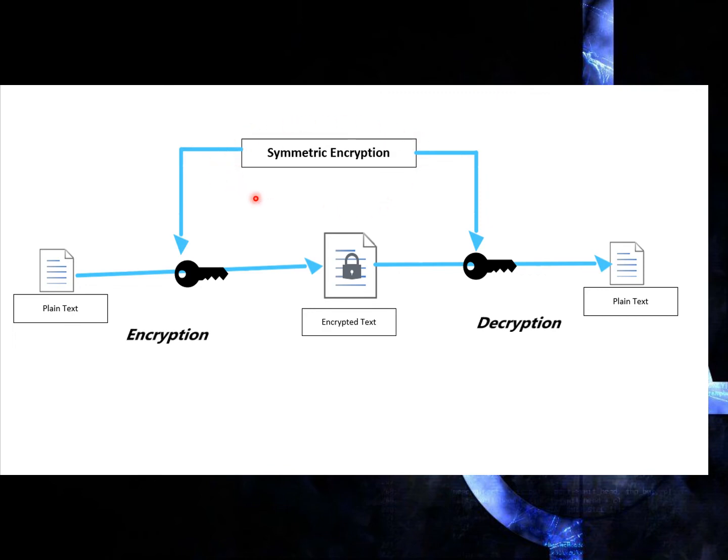Sometimes we use symmetric key, sometimes we use asymmetric key, sometimes we use both. So sharing the key will be a problem, but how do we solve that problem? We will learn more about that in the next video.